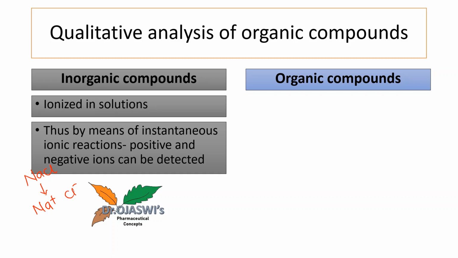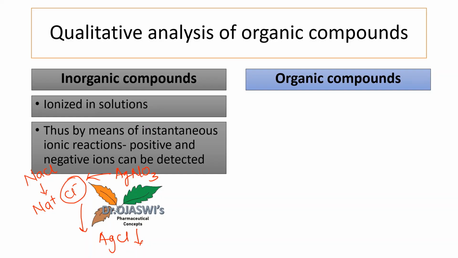Now if I want to detect this Cl-, I will add a reagent like AgNO3. From this reaction AgCl will be formed, which is a precipitate. So everything about inorganic compounds we have learned in semester 1.